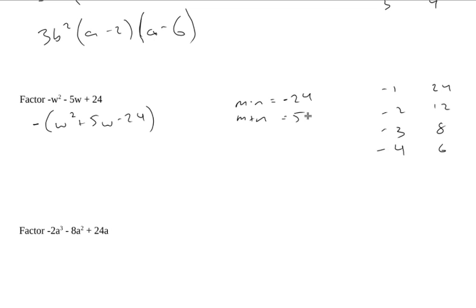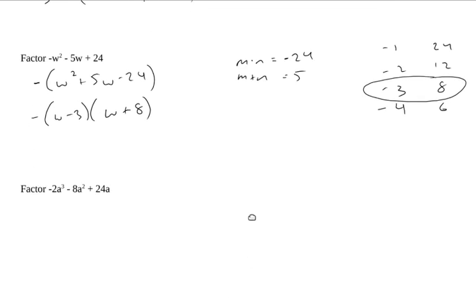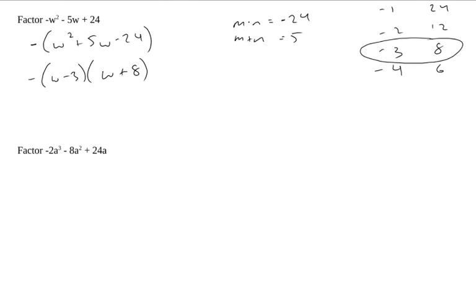It looks like this one right here is the one we're looking for. So the opposite of w minus 3 times w plus 8. So you'll notice when I'm doing this, I'm breaking up the trinomial into smaller bits. Whatever was multiplied out in front still stays there. It's going to remain when we're factoring.